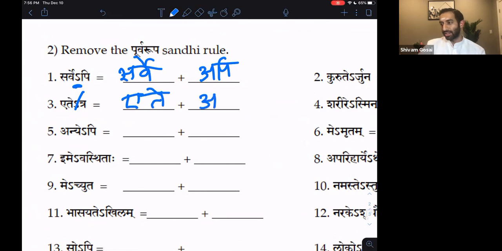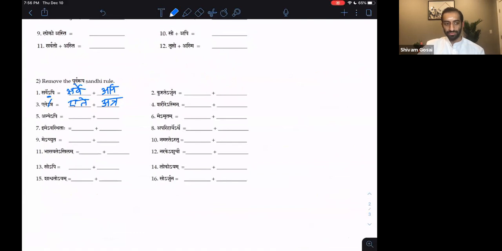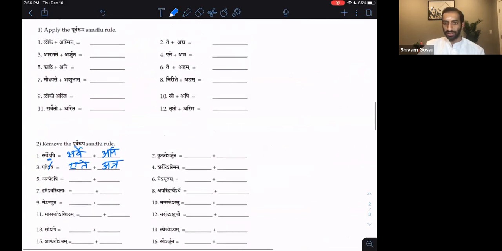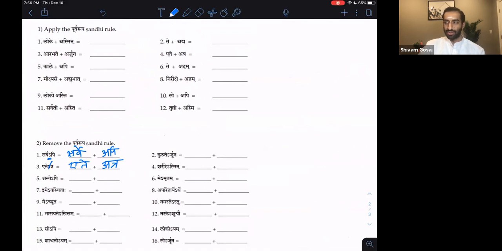Te plus atra. Anye plus api. Ime plus avastitaha. Me plus achyuta. Any questions for purvarupa-sandhiḥ? Homework is to do all of these even numbers, because we already did all the odd numbers. Should take 5 minutes, not too hard.